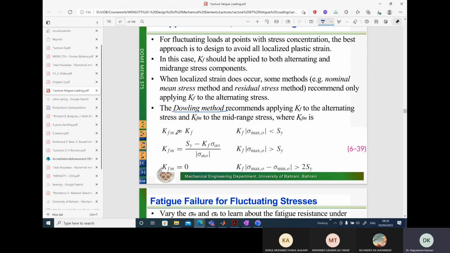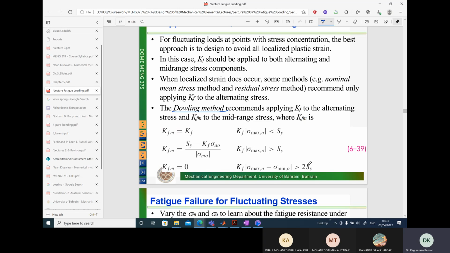For the mean stress value, we will take the fatigue stress concentration factor equal to Kf under the condition that Kf times sigma max is less than the yield stress. So there are three different conditions. If it is greater than the yield stress, then the fatigue stress factor for mean stress is equal to this.